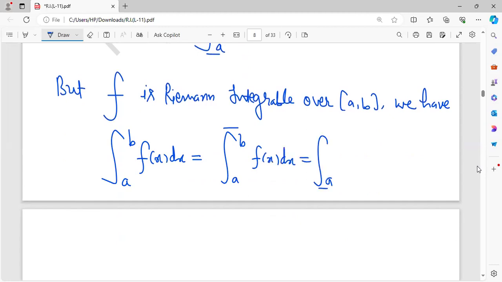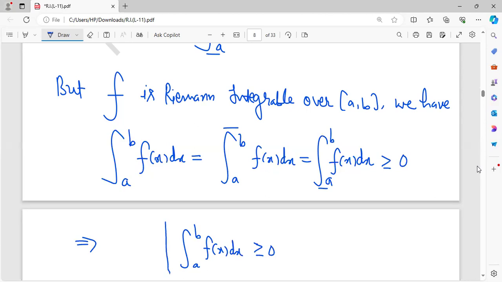Then the function is called Riemann integrable. So this is given that the function is Riemann integrable. But this lower integral is non-negative by the proposition. So this implies the integral from a to b of f(x) dx is greater than or equal to 0. Okay.